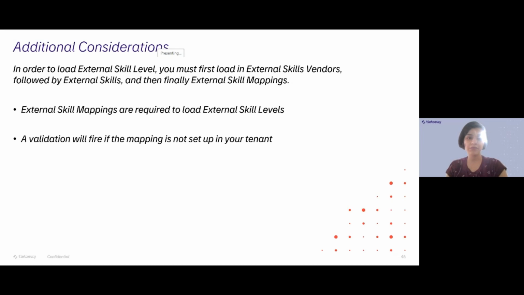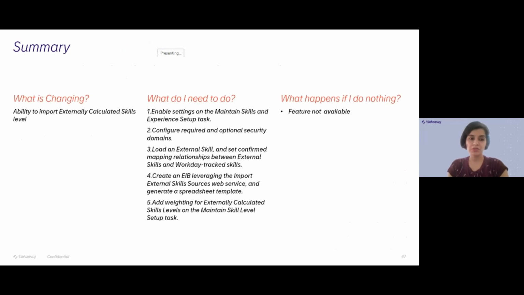External mappings are required to load external skills. We have seen that. And the validation will fire. Workday has configured a validation if the mapping is not present on the tenant. So there will be a validation rule that will get triggered and will not allow the load. So in summary, Workday now allows us to import externally calculated skill levels. A lot of configuration is needed, and if it's not done, then the feature is not available.